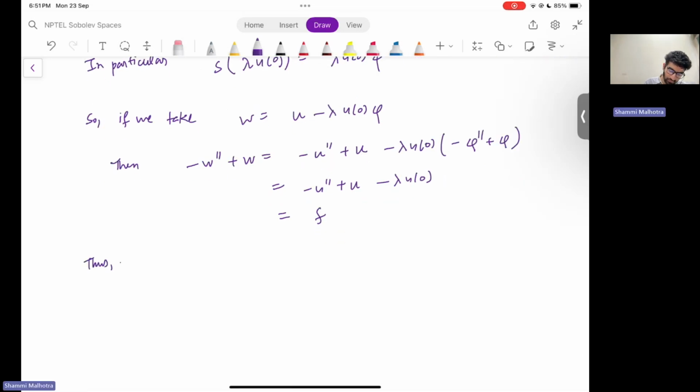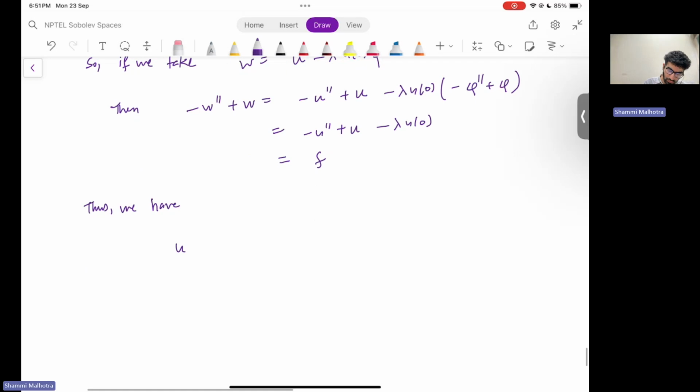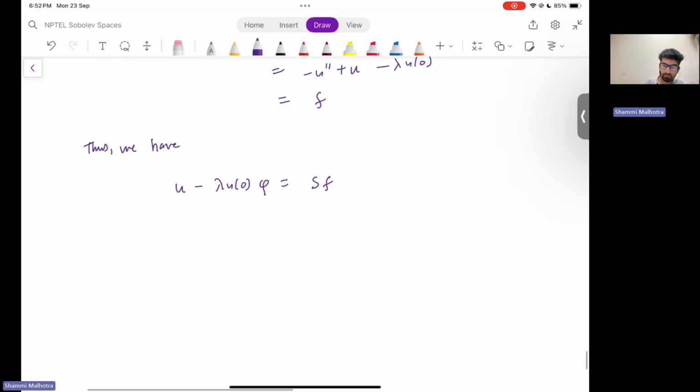Thus, we have U minus lambda U0 phi is nothing but the image of my F, SF. Once we have this, we can do the evaluation at 0: U0 times (1 minus lambda phi(0)) equals SF at 0.